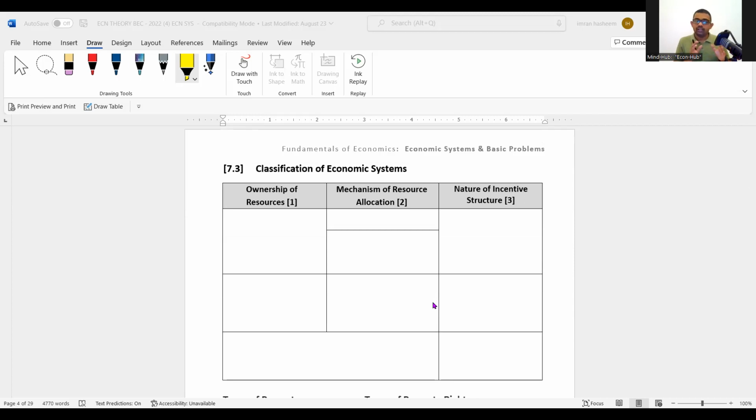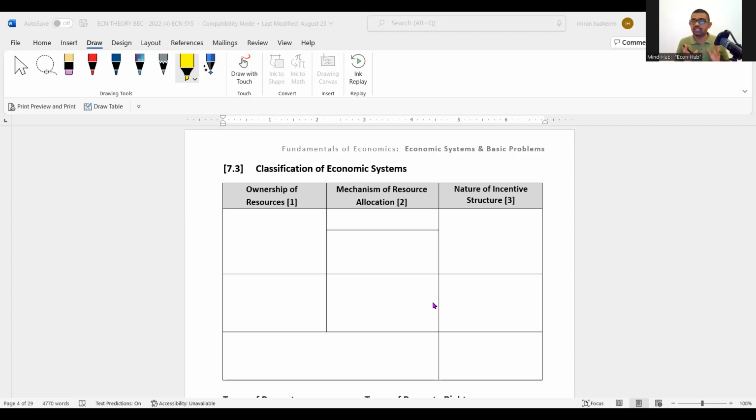Right. Ownership of resources. Based on ownership of resources, when we say resources, we mainly talk about property resources, land and capital. Based on which party out of the private sector and the public sector of a country owns resources, we can decide the economic system.